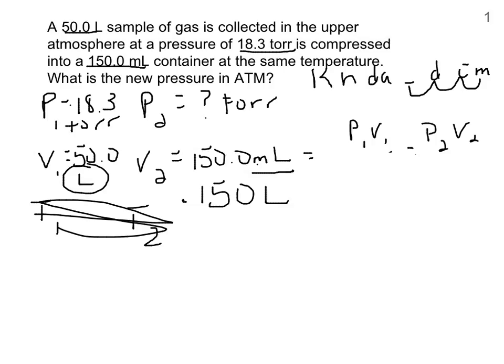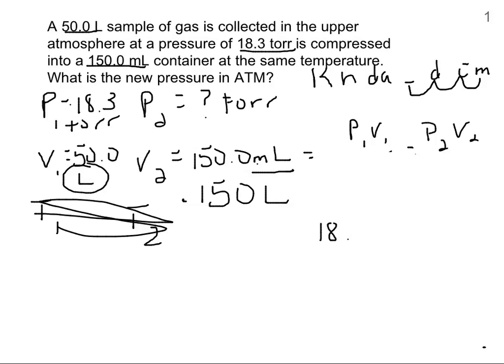We see that P1 is 18.3, the volume is 50.0. This equals P2 times 0.150.